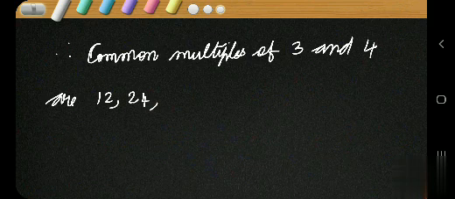Is 24 the last common multiple? No. Surely there would be other common multiples also. So the common multiples of 3 and 4 are 12, 24, etc. Have you understood? Yes, this is what is meant by the common multiples.